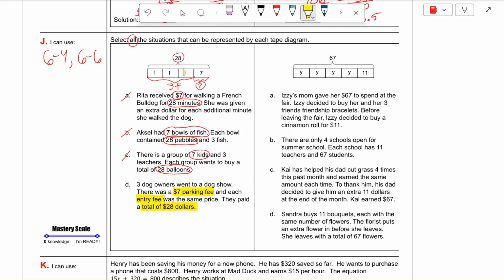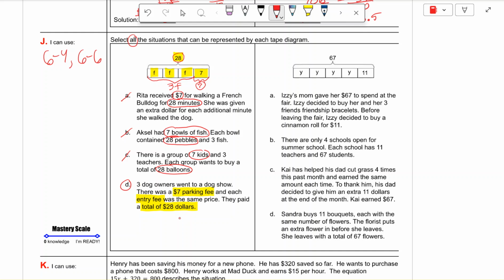And so you can see there's $28 up here. This is the $7 for the parking fee, and then there was 3 dog owners, 1, 2, and 3, and each of those paid a price. So you can see that D is correct for the tape diagram.